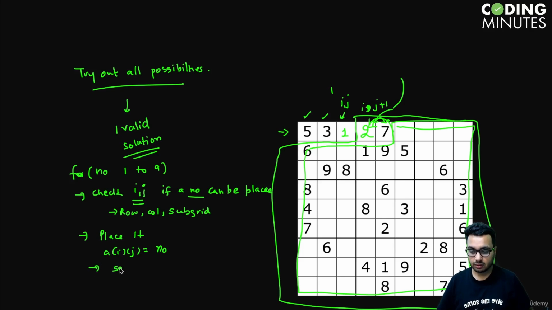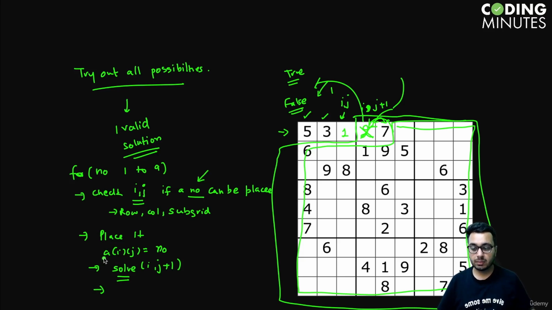So you say solve i comma j plus 1, and now this sub problem will tell you whether the number that you placed is the right number for the optimal solution or not. Maybe 2 might not be the best number, maybe we want to put 5 or 6 or 7 or 8 or 9, something else. So this function will return either true or false. You can make it a boolean function to tell whether the sub problem could be solved or not. If the sub problem could not be solved, you try the next number.